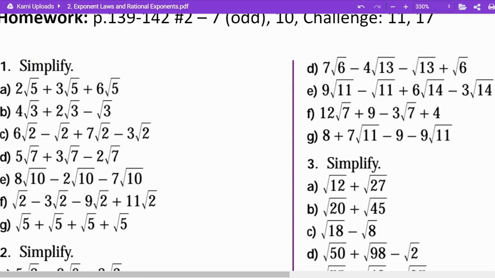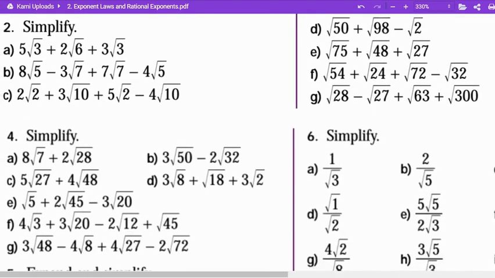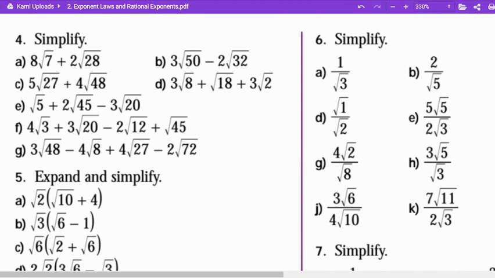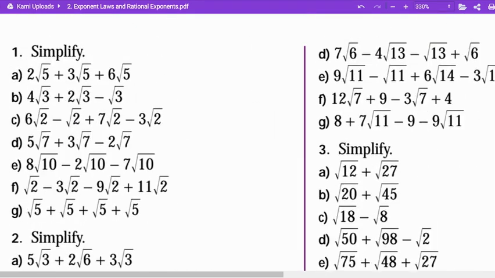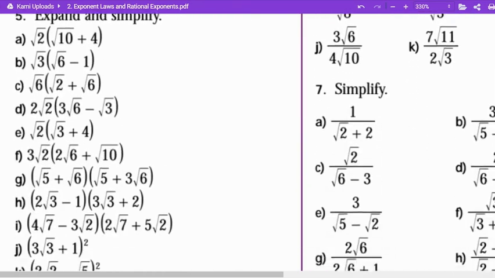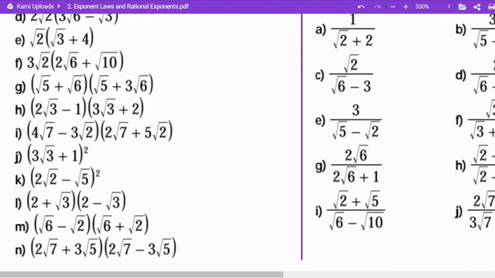Which question are we doing? 4B? No, 4C, sorry. No. We can't do 4C. We're going to do 5H. Is that good? Or no, let's do 5I. Okay? So we're all going to practice this one.